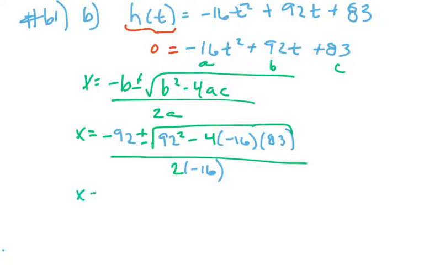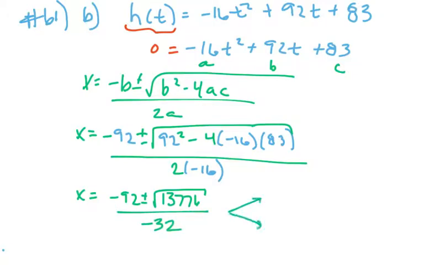If we work through and solve, we're looking at the square root of 13,776, all over negative 32. That splits up into the two answers for the plus and the minus.